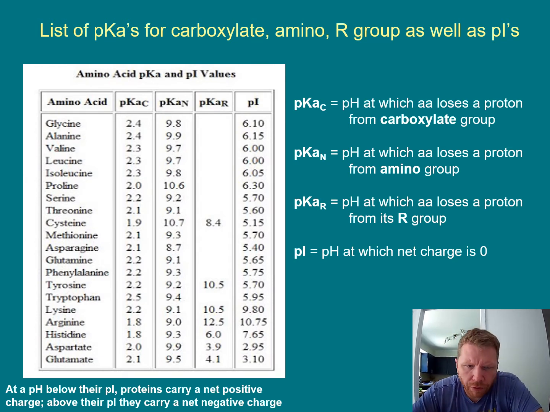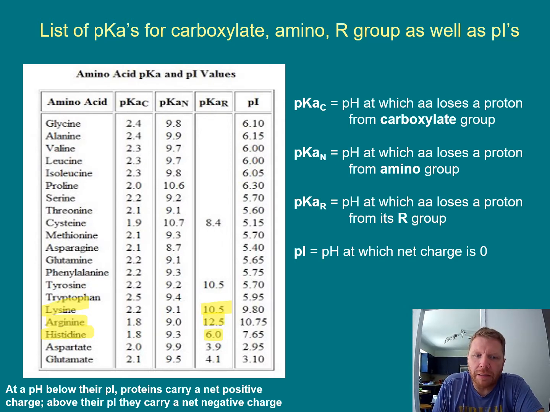Now, of the amino acids that we already talked about with ionizable R groups, we talked about those that were positively charged at a neutral pH: lysine, arginine, and histidine, which have pKa's of 10.5, 12.5, and 6.0.